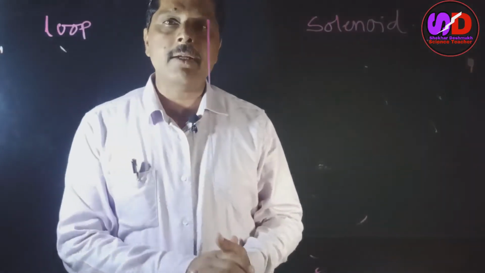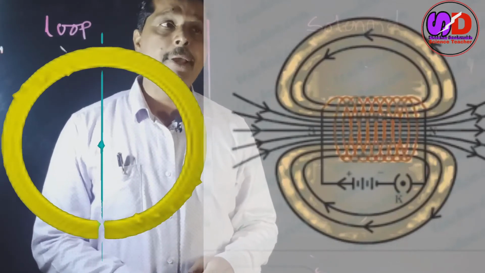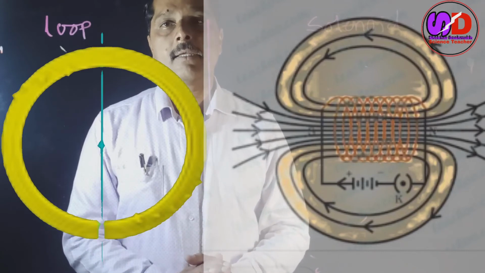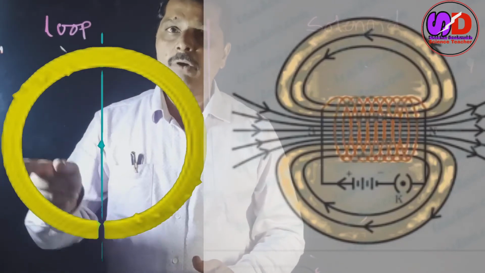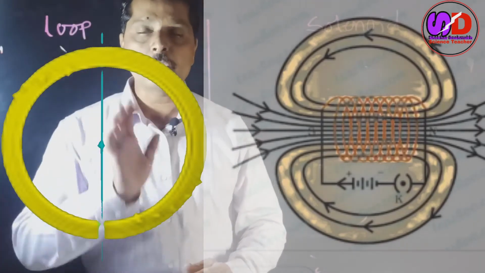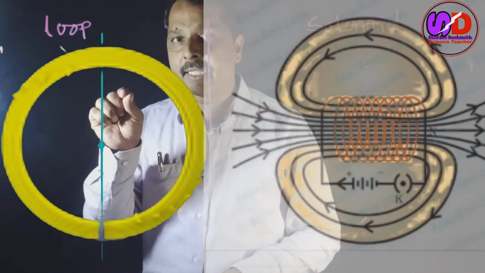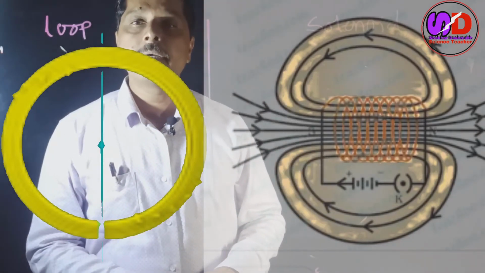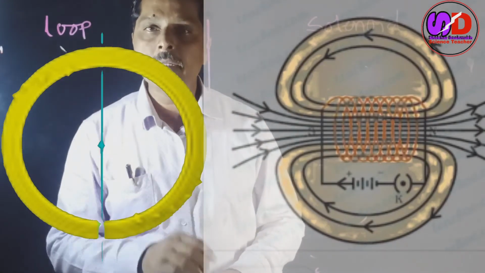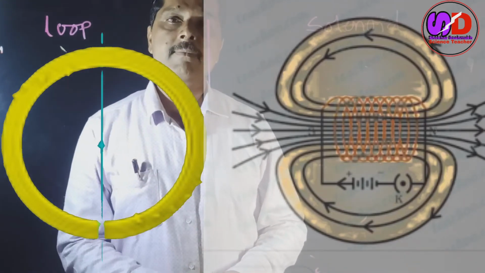If we compare the magnetic field produced by a loop and by a solenoid, we can easily say that by increasing the number of loops, we can increase the magnetic field produced. The magnetic field in the center of the loop, produced by every point on that loop, is parallel, and therefore we get a strong magnetic field in the center of the loop.